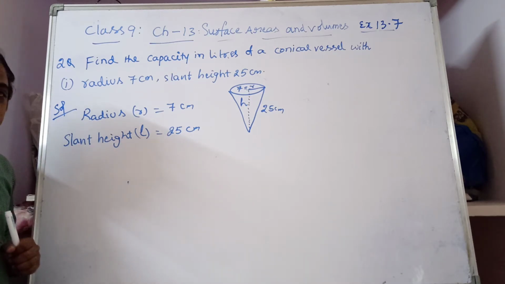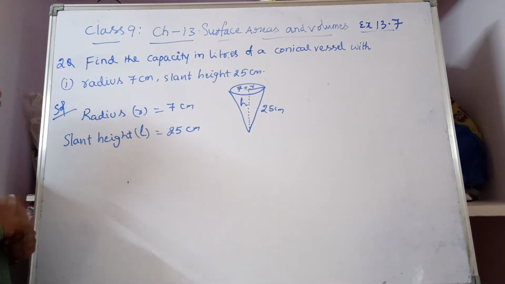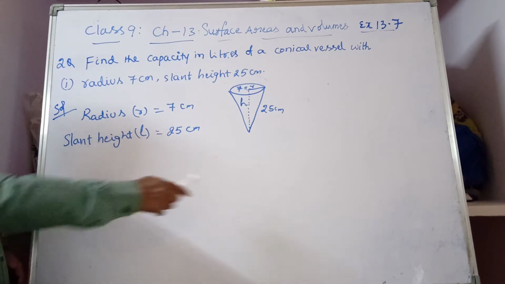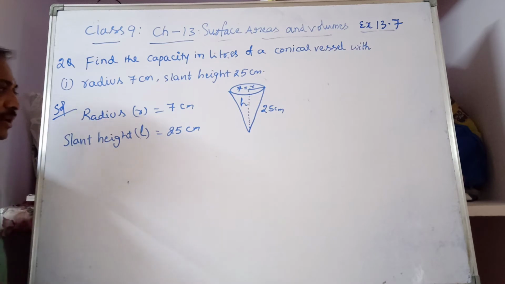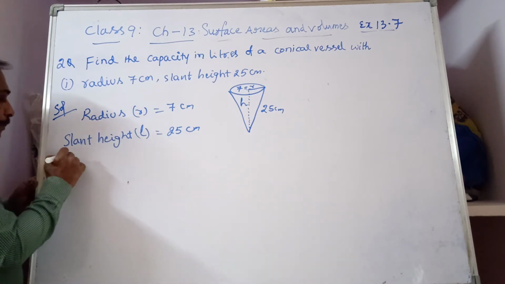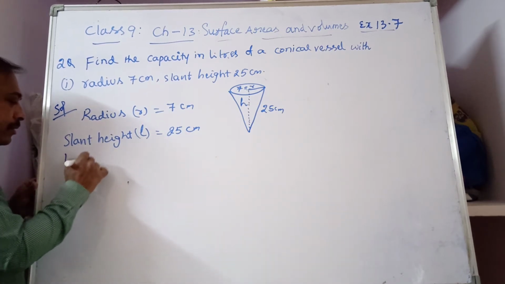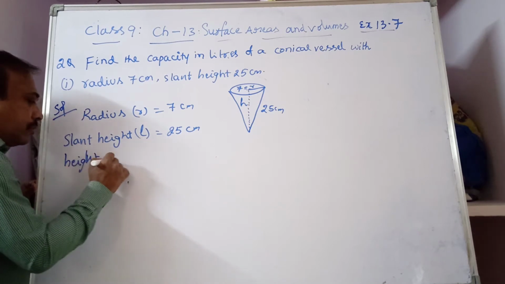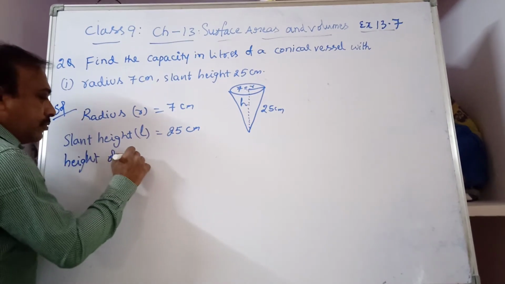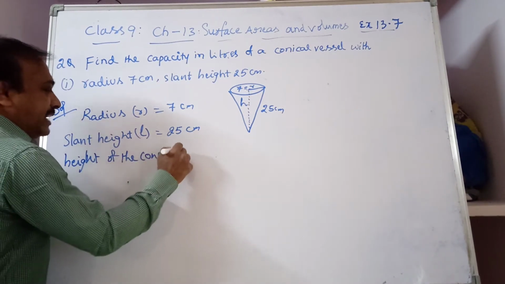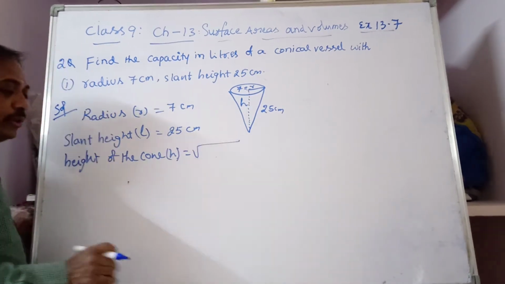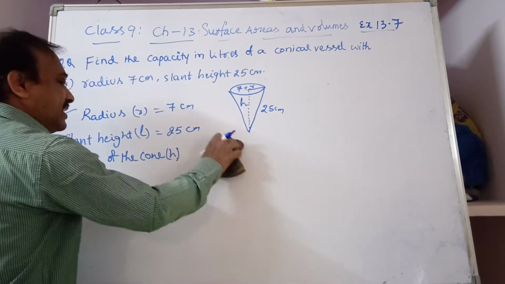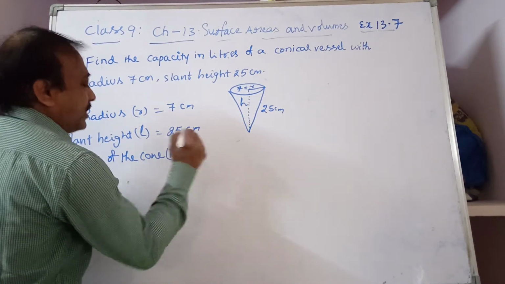To calculate the volume, we require the height of the cone. The height h is the question mark. We need to find out the height.